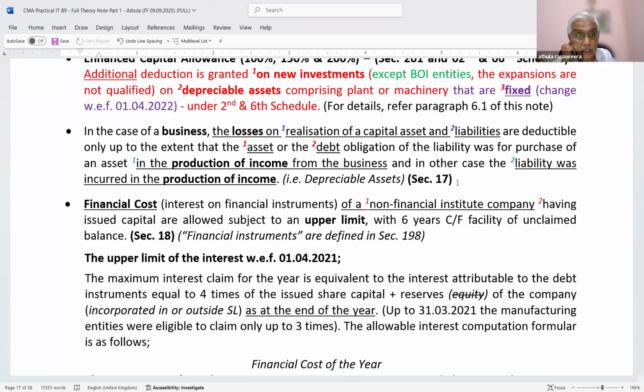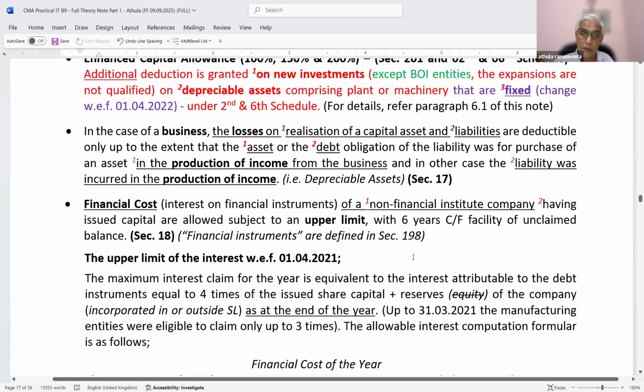Then financial cost, section 18. There are limitations. This is applicable to non-financial institutions only, with certain upper limits based on the share capital and reserves.